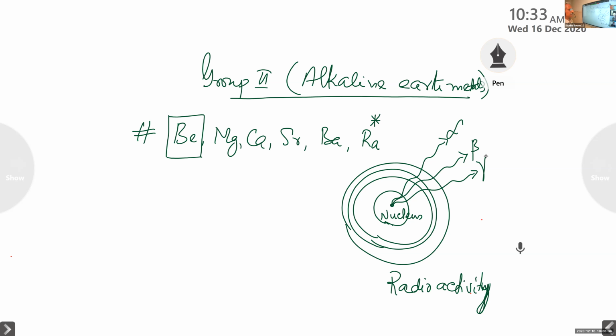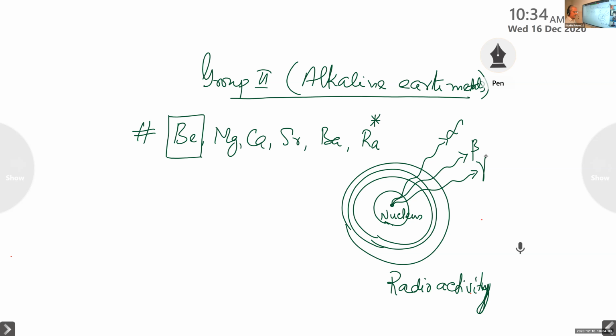Or cobalt 60, a safer radioactive isotope, is also used. The radiation coming from the cobalt 60 isotope is also used for the treatment of cancer and tumor. So radium is radioactive and it is used in the treatment of tumor, cancer, etc.